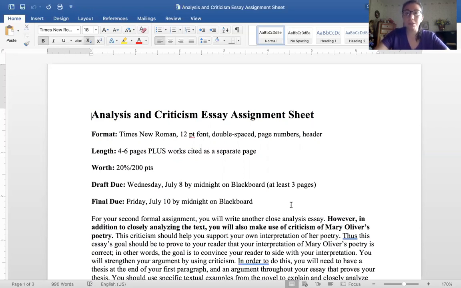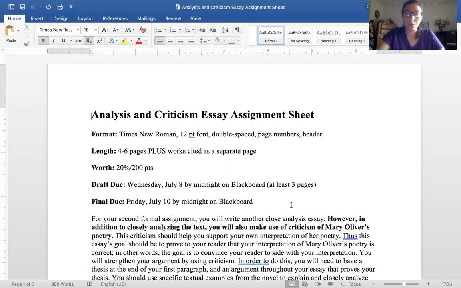The length should be 4 to 5 pages, so it's a little bit longer, plus a works cited page as a separate page. If you look at the example essays, in fact, any of the example essays that I have given you guys, they're going to have a works cited page, and that will show you how to set one up, although you should have learned that in UCore 101 as well.